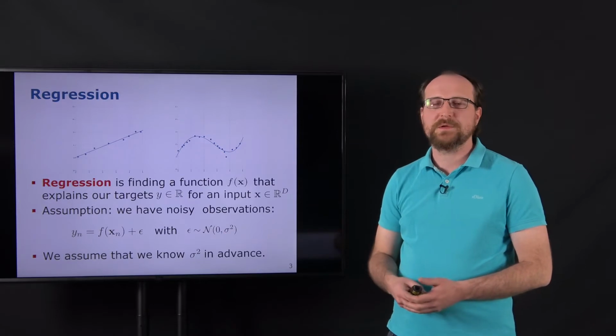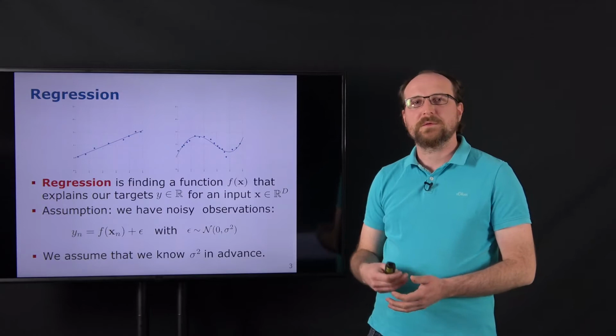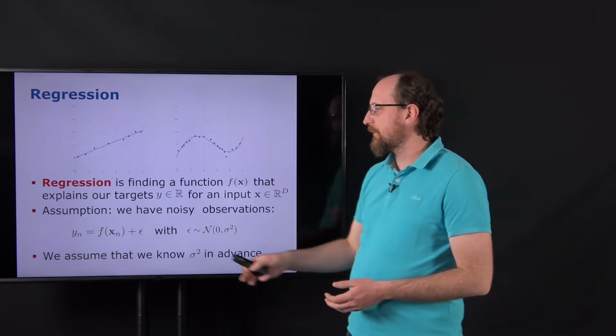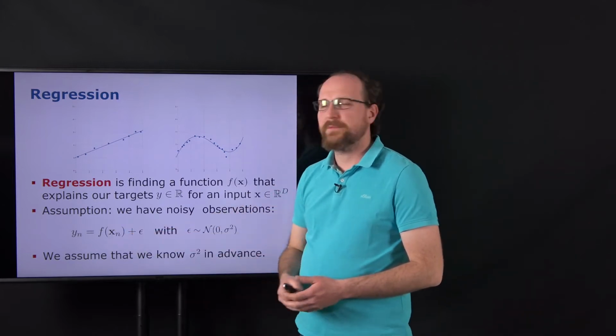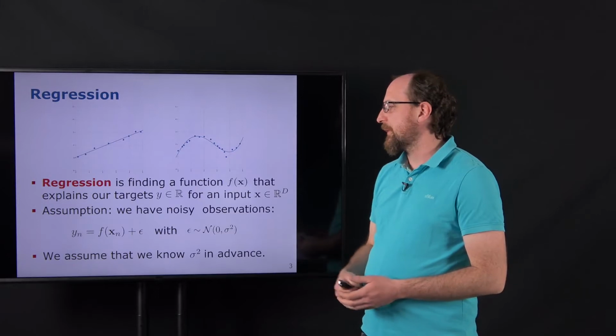The assumption that we are making now is that our targets are noisy observations. That means that the function that we are looking for, which comes from the x of n, is corrupted by some noise value.